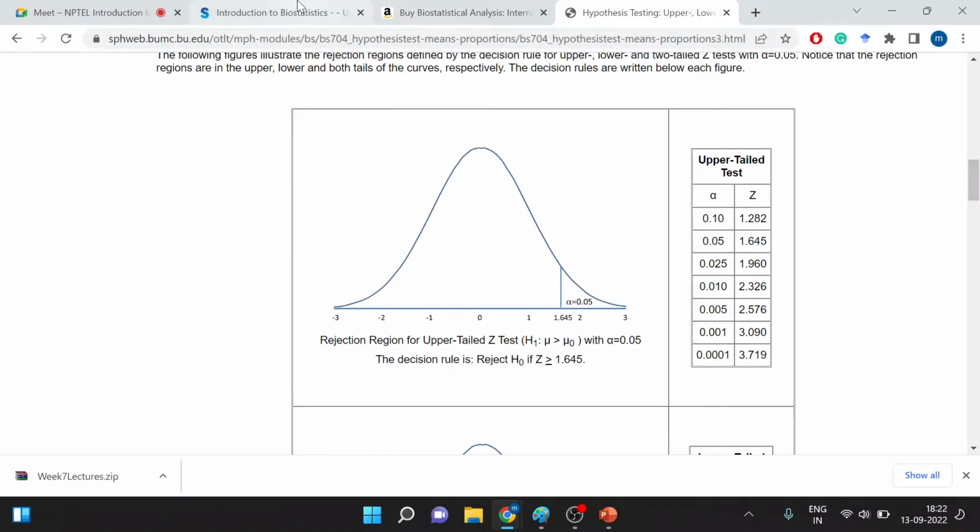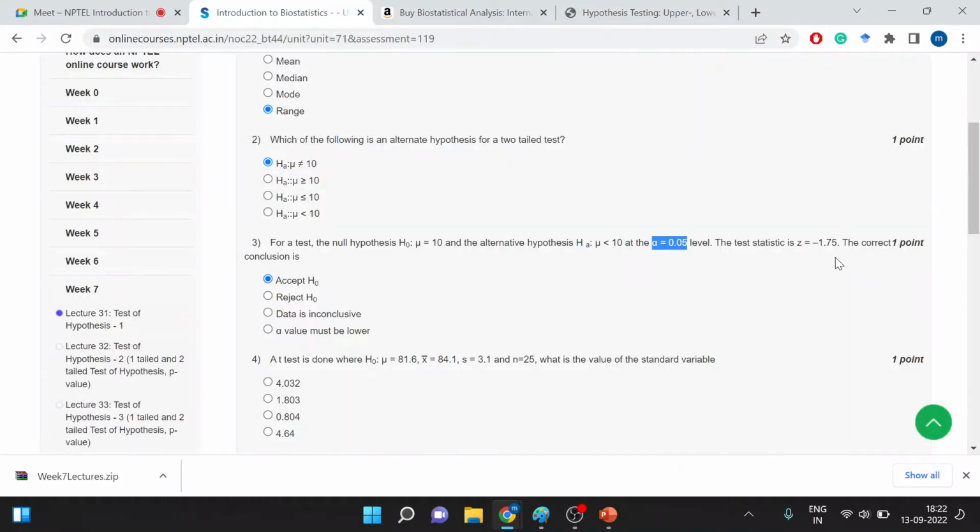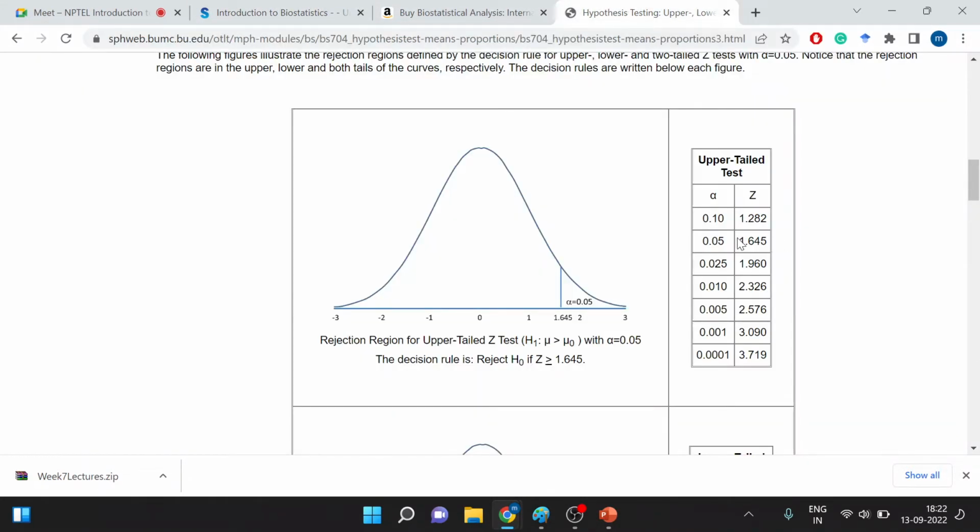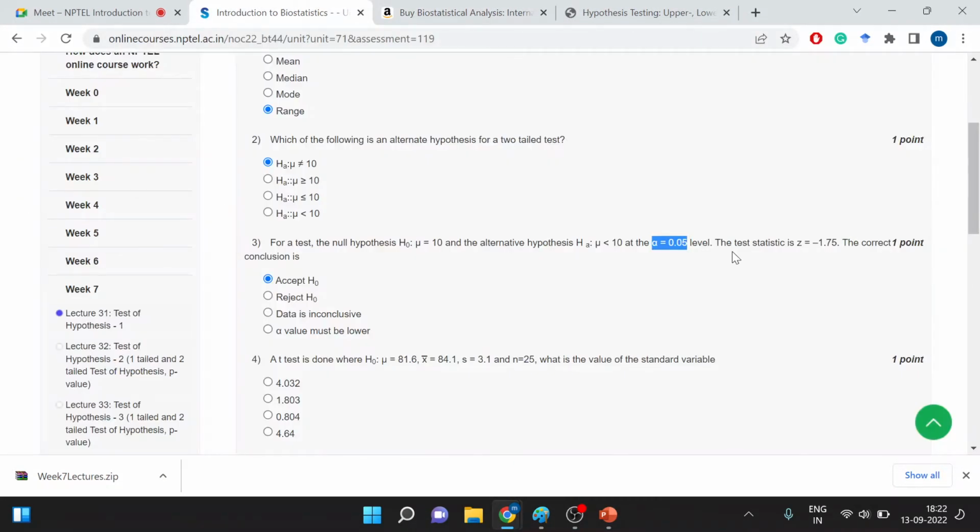Now if you see the question, the given z value is actually minus 1.75, but the magnitude of that is greater than 1.645, which is the required z statistic for an alpha of 0.05. The negative sign signifies that you're doing a one-tail test, and in which direction? In the left direction, when mu is less than 10.